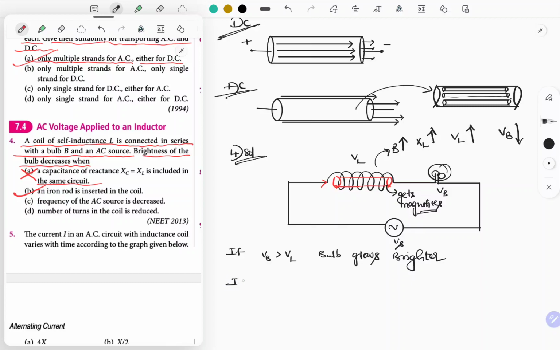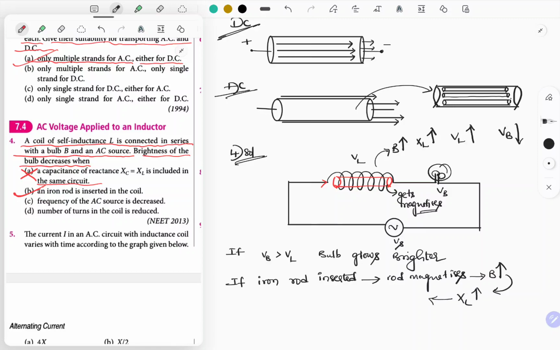So if an iron rod is inserted, what happens? The rod magnetizes. If the rod magnetizes, the magnetic field increases, which increases inductive reactance.